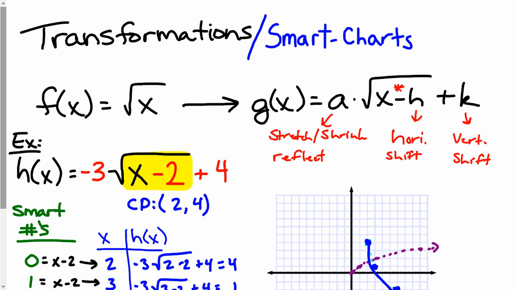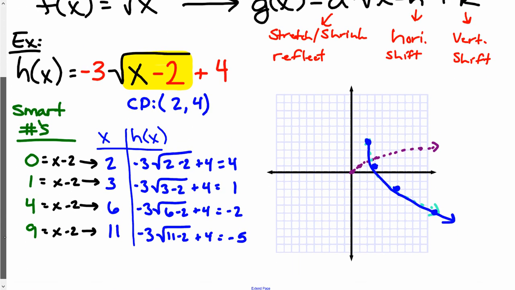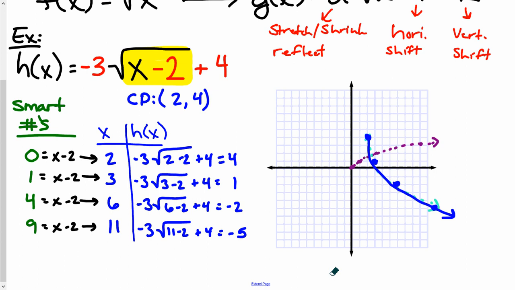Taking a look at the second one that we went through and did, can we figure out the domain and range of this one? Probably. Okay, so domain and range. So let's do this one a little bit more graphically. Okay, the t-chart is really just telling us exactly where those points are, but I can also look at the graph and see. So the domain is all the possible x values. My critical point here was at (2, 4).